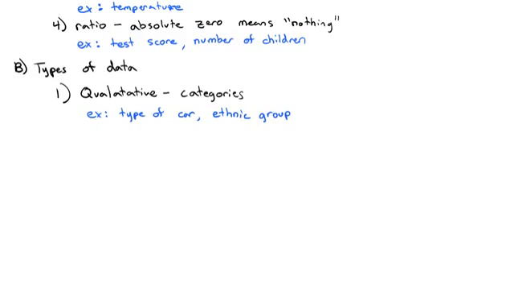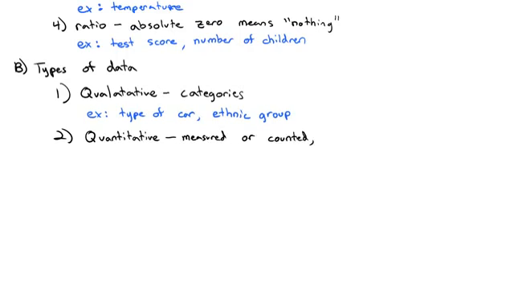That's qualitative data. The second type's the one we work with the most in statistics, and that is what is called quantitative data. And quantitative data is when we're looking at quantities. Quantitative data is either measured or counted.